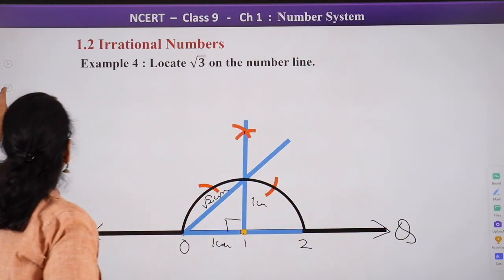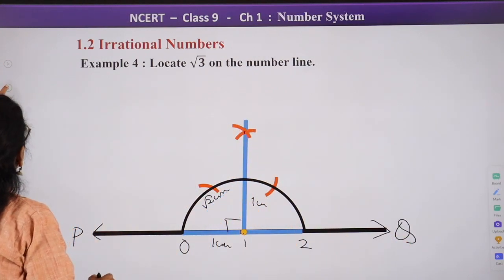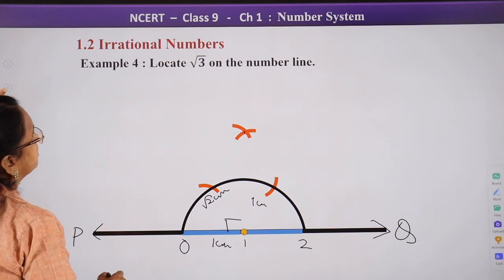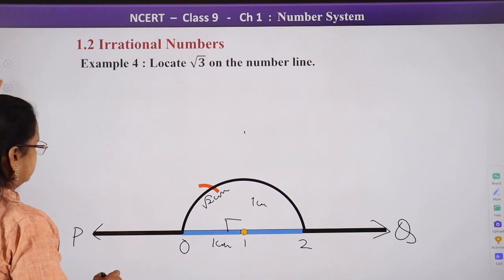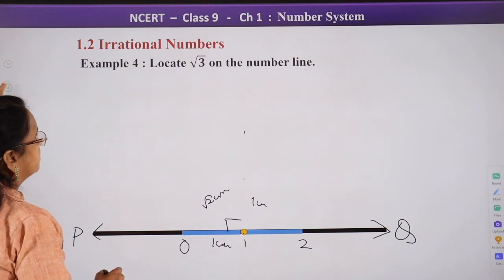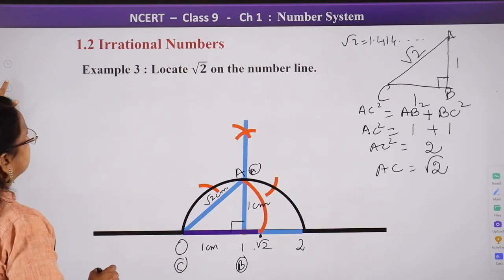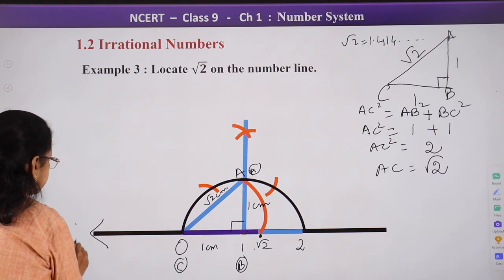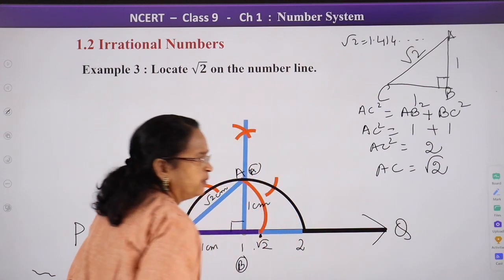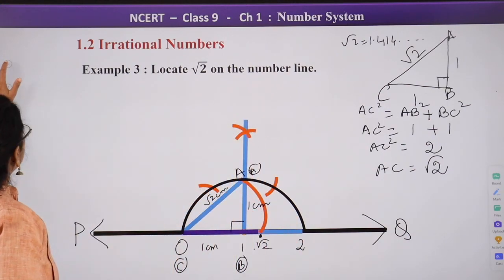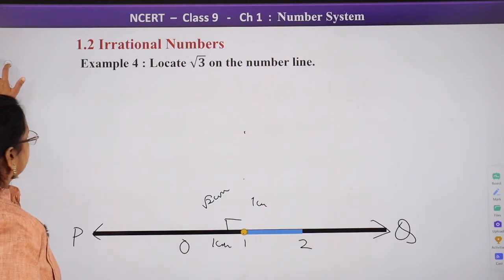In the previous sum also, let me mark this as P and Q. Now I have marked this as PQ.